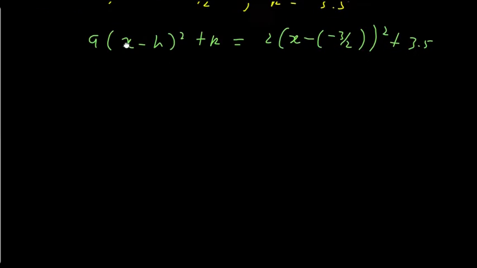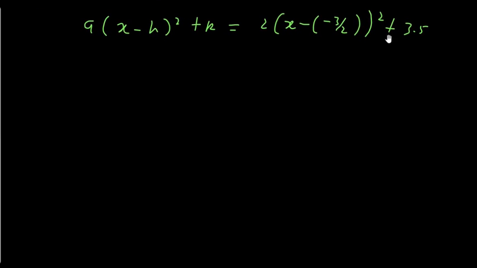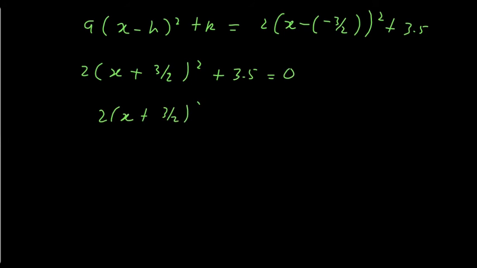So our intention is to solve this equation, so we are not yet done. Now let's solve the equation, which is the same as 2(x plus 3/2) squared plus 3.5 is equal to 0. We move 3.5 to the other side, the right side of the equation, and divide by 2.